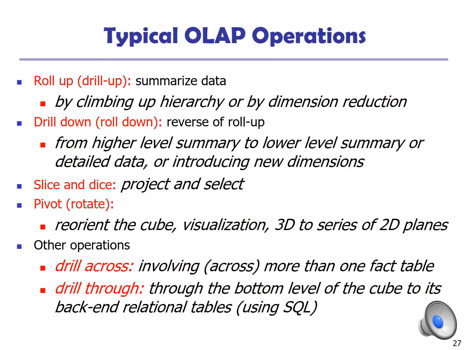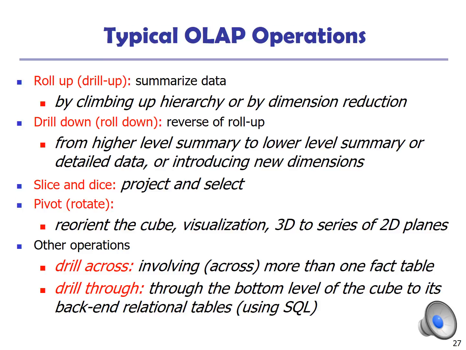So this slide lists the typical online analytical processing operations which are available. Some of them are listed here. The first one is called a roll-up or a drill-up, which basically means summarizing data. That means climbing up the hierarchy levels, right? You're basically summing together the hierarchies and looking at it with a higher level of hierarchy, right?